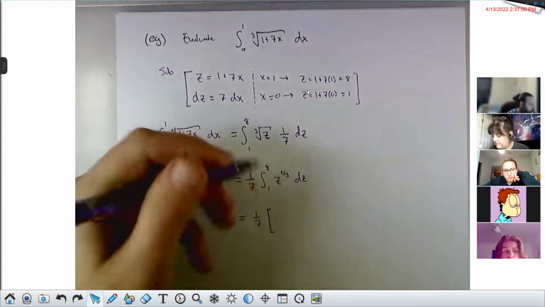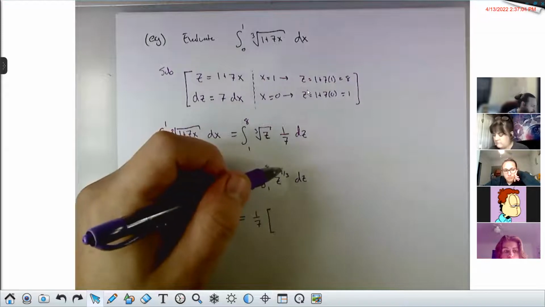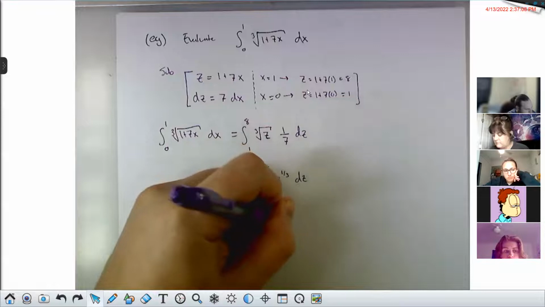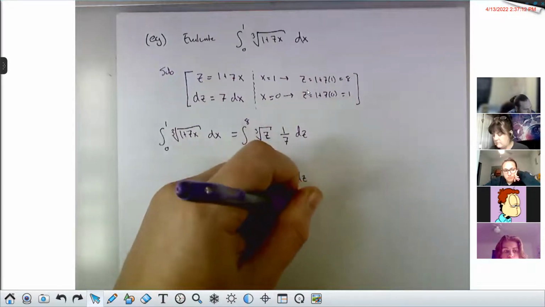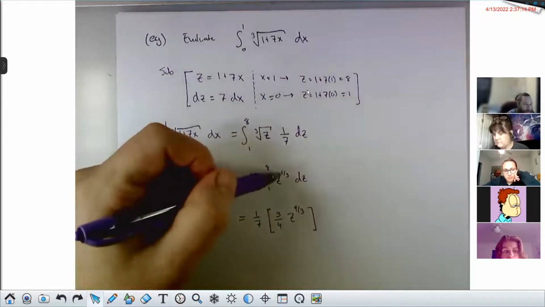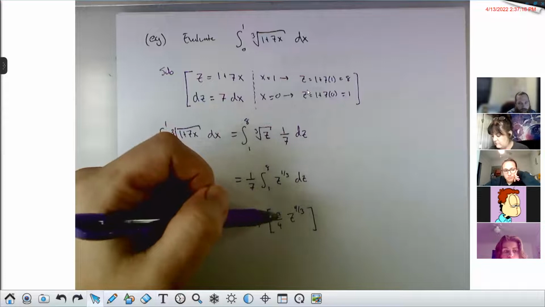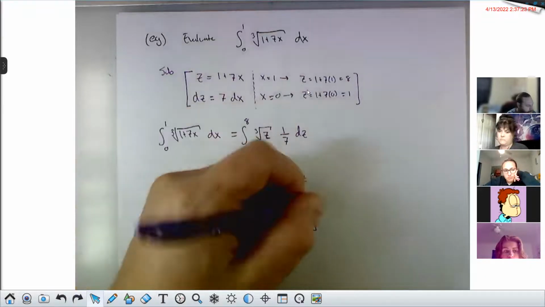My antiderivative for z to the 1/3, we add 1 to this. So 1/3 plus 1 is 1/3 plus 3/3 is 4/3. So this will be 3/4 z to the 4/3, right? We add 1 to the power and then divide by that power. Dividing by 4/3 is the same as multiplying by 3/4.